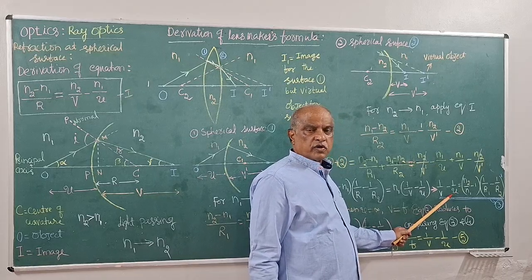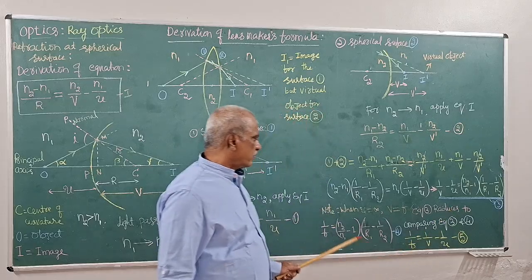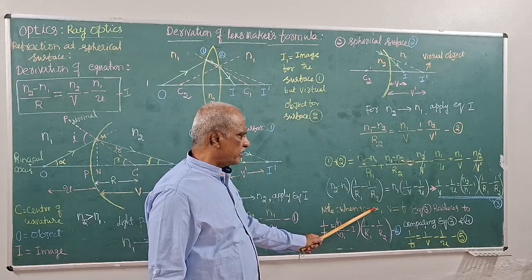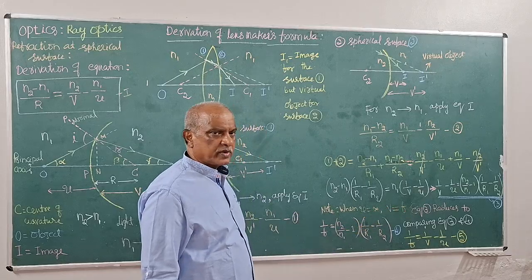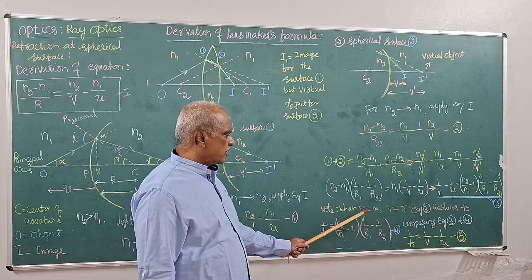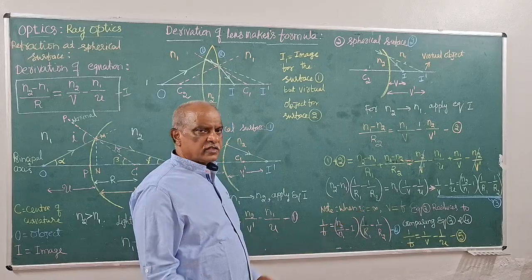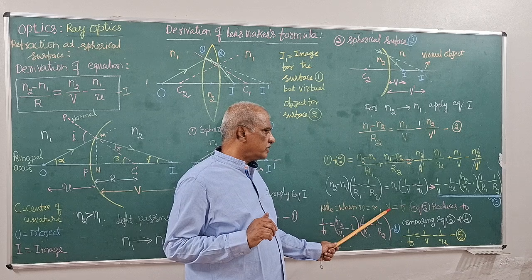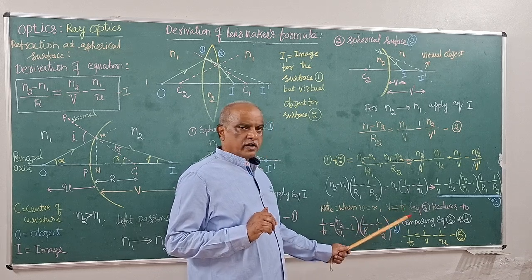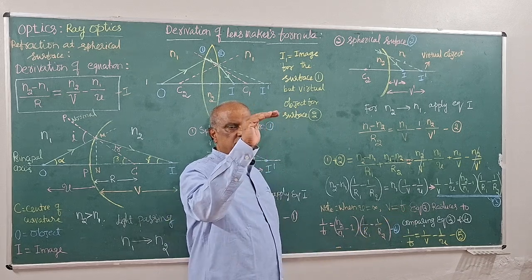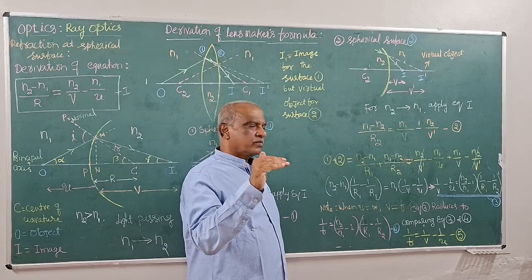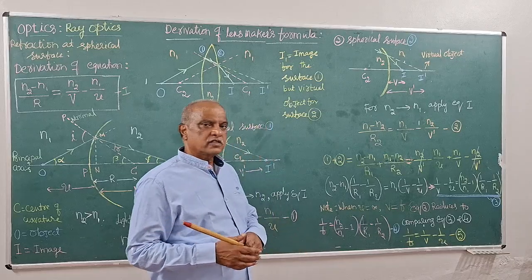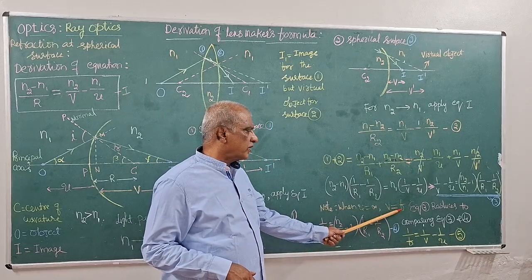And one more equation we can get by the following assumption. When u equals infinity, v equals f. What does it mean? When the object is at infinite distance, the image always forms at the focal point, that is, the distance of the image equals f. When the object is at infinite distance, whether the lens is converging or diverging, the image is always at the focal point of the lens.